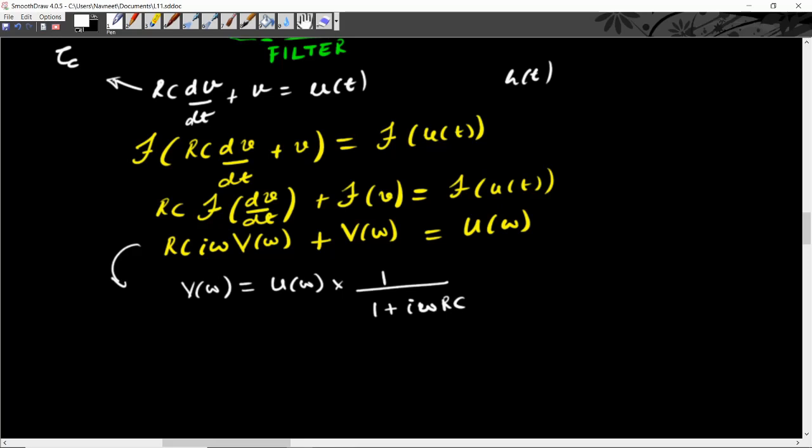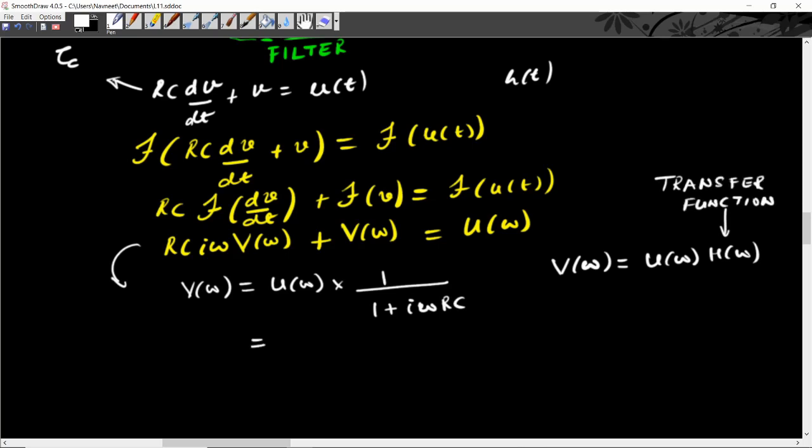So if we compare this equation with what we started with, that the Fourier transform or the spectrum of the input signal is modified by the transfer function H of omega, then we can see that this equation for the RC filter is also in that particular form, where H of omega is 1 over 1 plus iota omega RC.